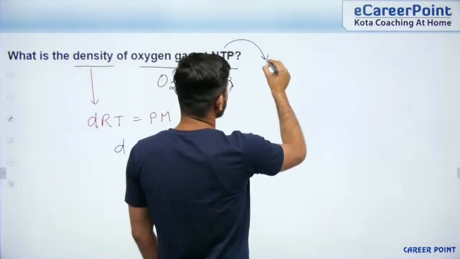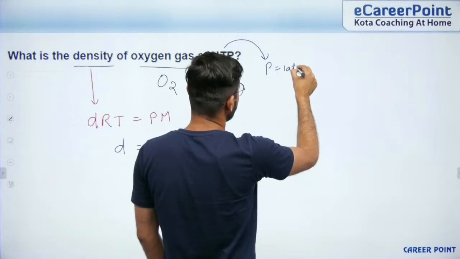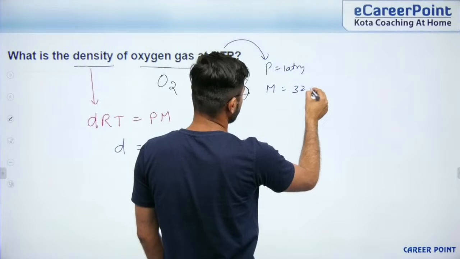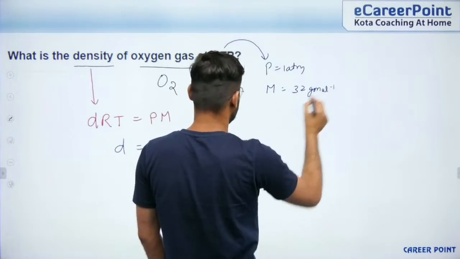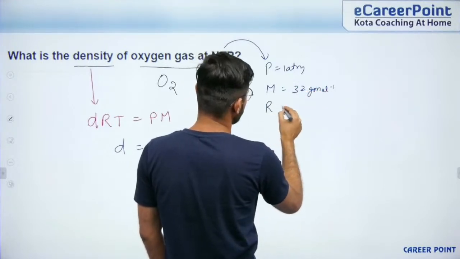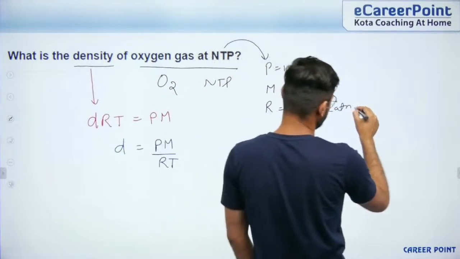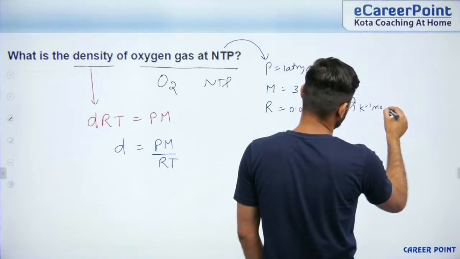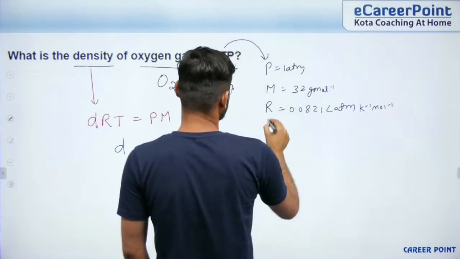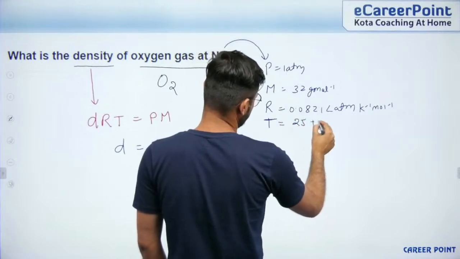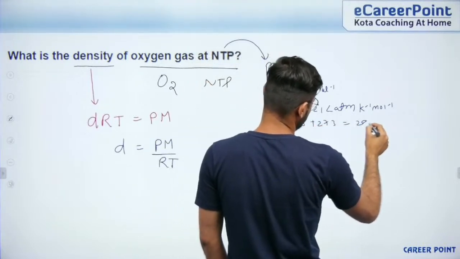NTP pressure is, let's say, 1 atm, and molar mass equal to 32 gram per mole. R is 0.0821 liter atm per Kelvin per mole, and the temperature at NTP is 25 degrees Celsius plus 273, which is 298 Kelvin.